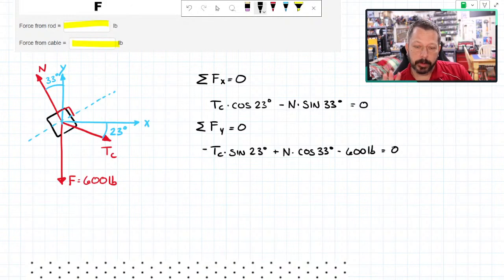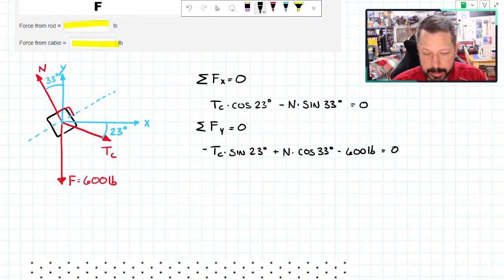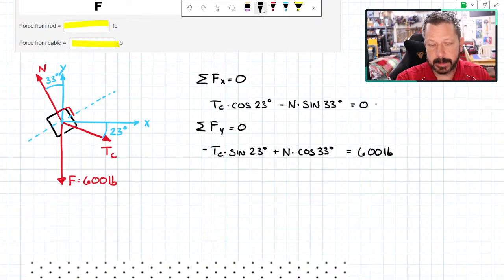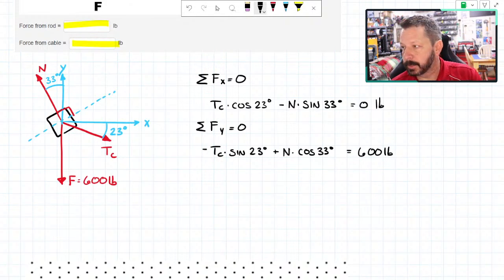But for the purpose of how I want to solve this set of equations, it will be better to have all of the numbers that don't have variables associated with them, like the 600 pounds, which doesn't have a variable, while the others have either TC or N. It would be better for those constants, sometimes called residuals, to be on the right side of the equal sign. So that's why I'm writing it like this. When I move it to the other side of the equal sign, it is not negative anymore, it's positive.